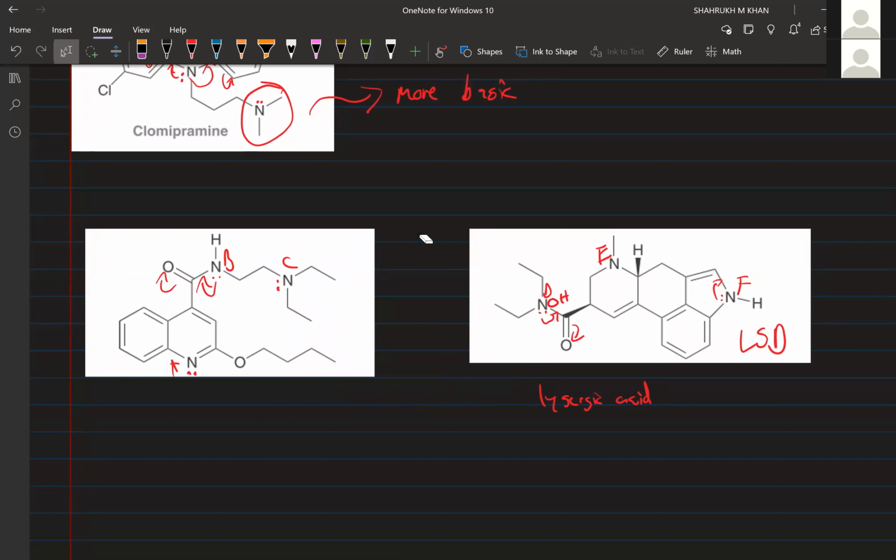So my reasoning is the most basic is the one that's least acidic, and vice versa. And you don't really have to use that reasoning for basicity questions. You just have to talk about the lone pair and its localization and any stabilizing factor, right? Try not to mention acidity because you're not really talking about acidity.